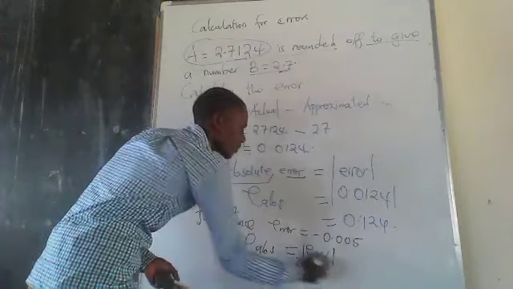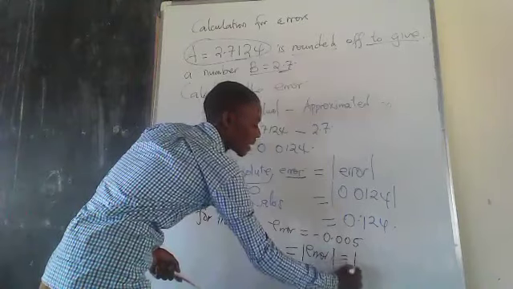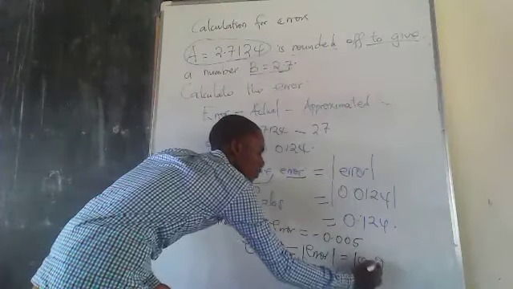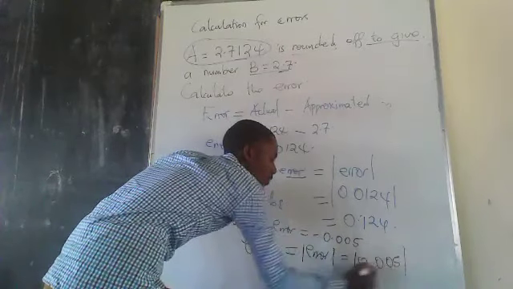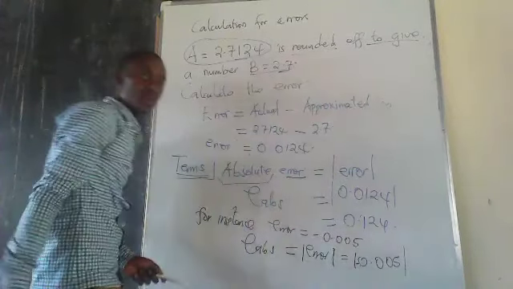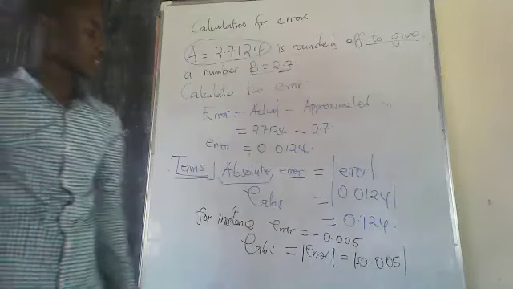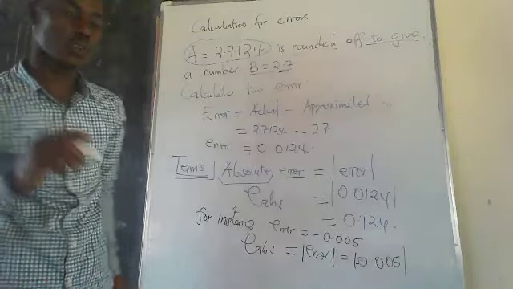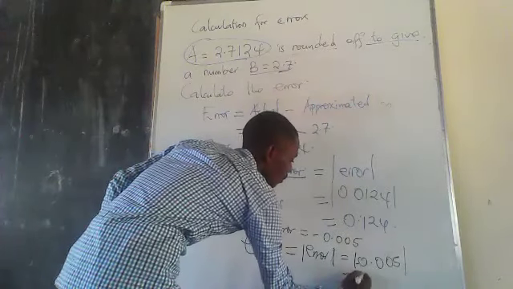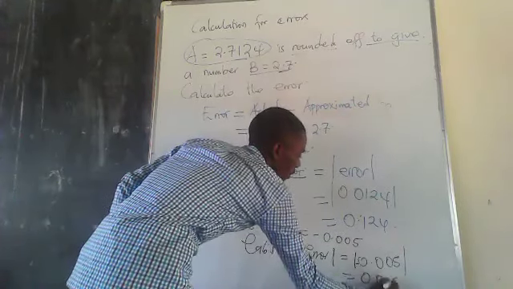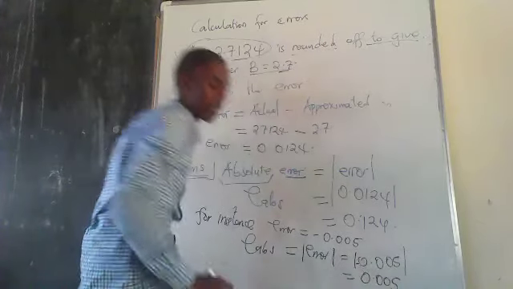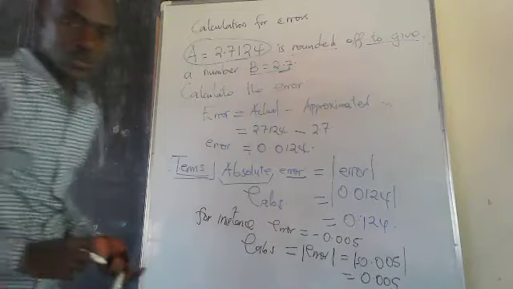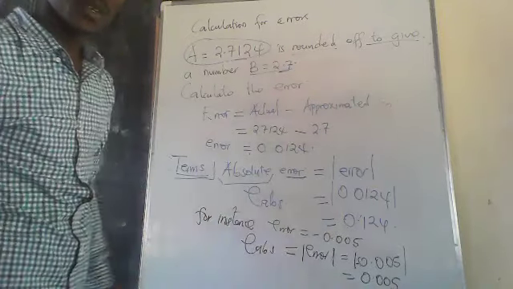So our error is 0.005, but it was negative. When I say absolute, I am meaning that even if it was negative, you write the positive of it. That's what we call absolute. And the answer would be 0.005, ignoring the negative, because that's what we call absolute. You're getting me?